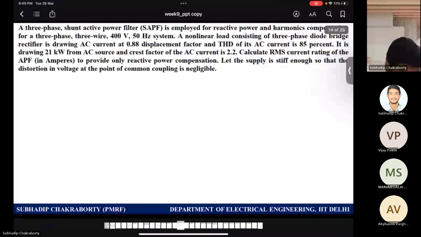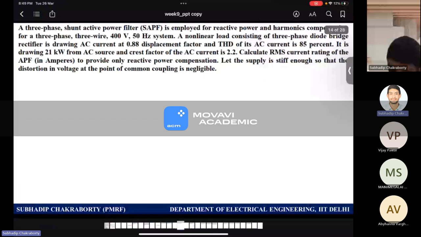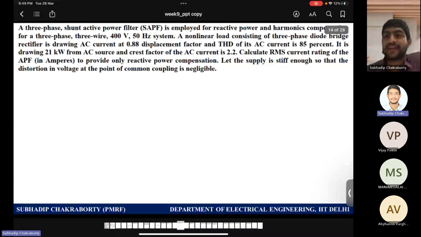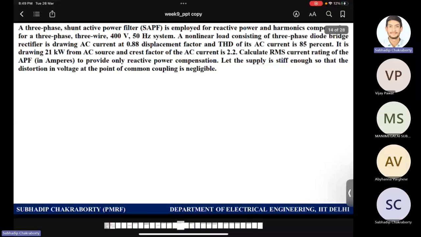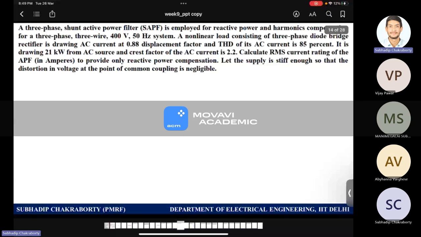Okay. Yes. So now just see the displacement factor is 0.88 for this kind of three-phase rectifier based load, drawing 0.88 displacement factor. So displacement factor is nothing but the cos of the angle between the fundamental of the voltage and current. So it is given as 0.88. Okay, just let me plug in the adapter.